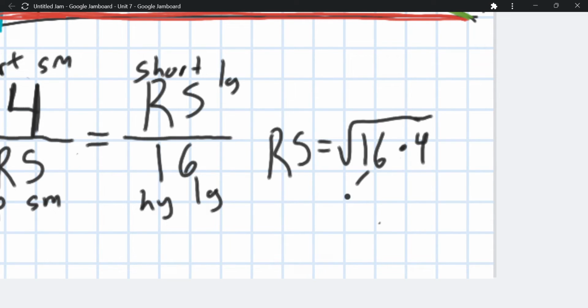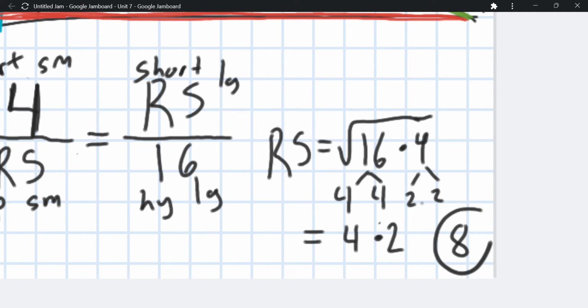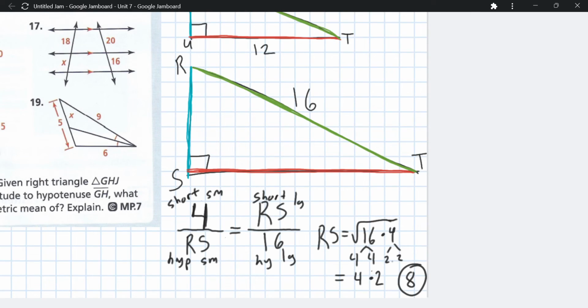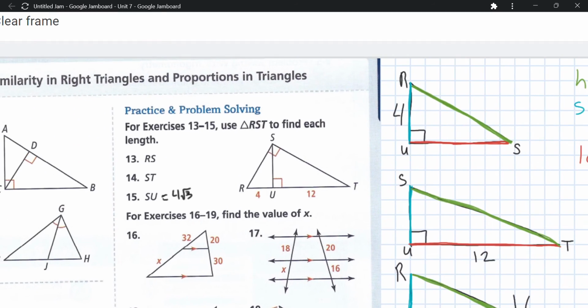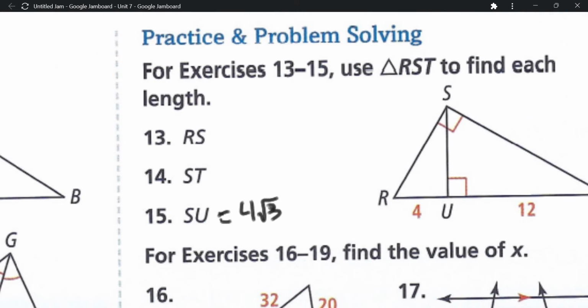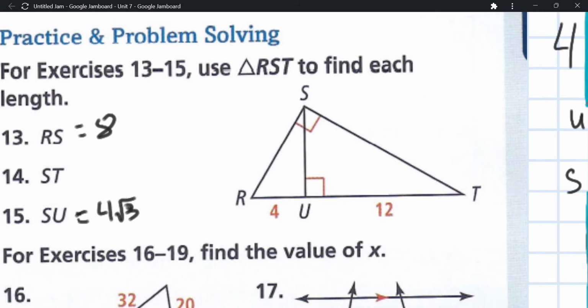These are both perfect squares, so instead of multiplying them out, let's just break these down. That's just 4 times 4. And that's just 2 times 2. So this is equal to 4 times 2, which is 8. RS must be 8.